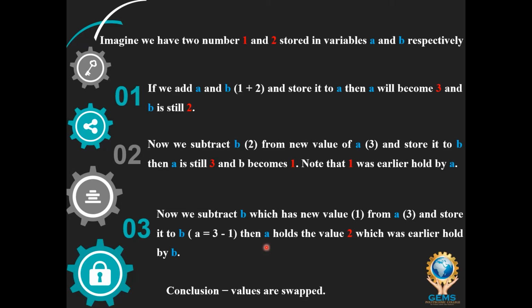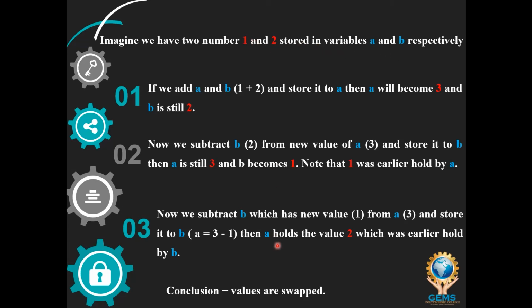So dear students, the third step says that finally A holds the value 2 after the subtraction of the new value of B from the new value of A. That means 3 minus 1. So it becomes 2, and 2 becomes the new value of A. But at the beginning I told you A was holding 1 and B was holding 2.